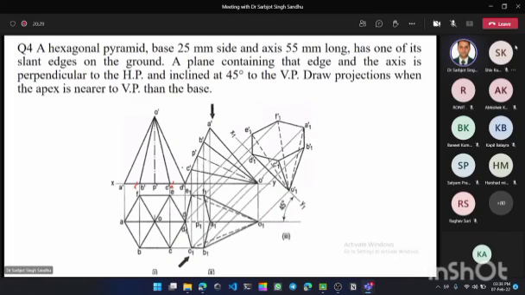This is C dash and E dash. This is B dash and F dash, and this is A dash. So this is the horizontal projection of F, and this is the vertical projection of F. These 2 points intersect at F1. So this is the horizontal projection of E, and this is the vertical projection of E. They intersect at E1. In the same way, you will mark these points A1, B1, C1, and D1.